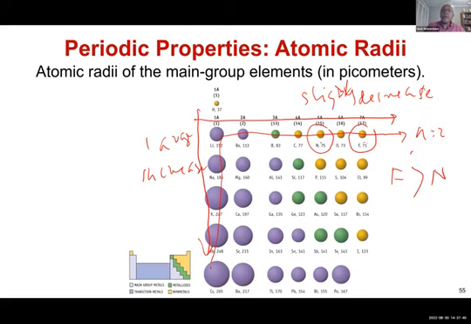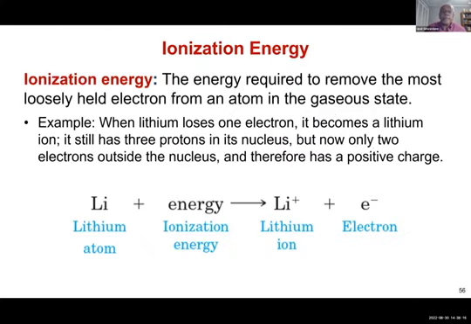So you can compare sizes easily within the same period. What is found on the right side is smaller than what is found on the left side. For example, this is bigger than this one. So you can use the periodic table to predict the size of atoms through atomic radii.